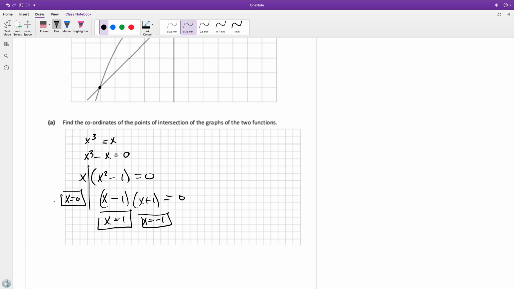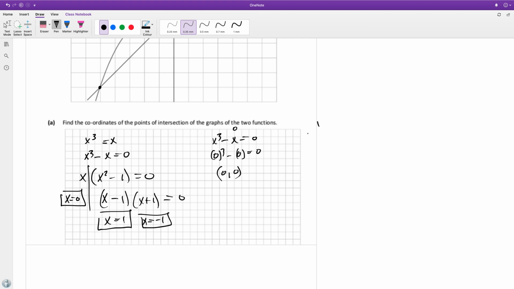Sub it back into the equation. So, I know that when x cubed minus x is equal to 0, when x is 0, that's 0 cubed minus 0 is equal to 0, that's 0, 0, isn't it?